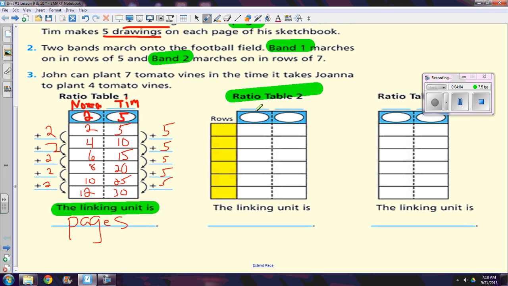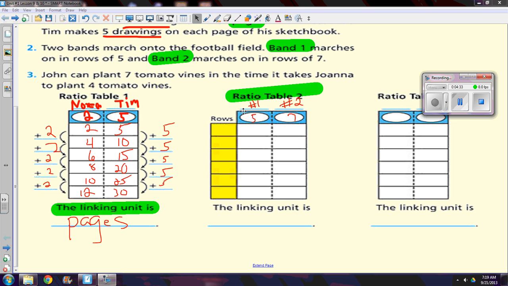So above your first column, put band 1. Above your second column, put band 2. So band 1 marches in on rows of 5 and band 2 on rows of 7. So your ratio would be 5 to 7.